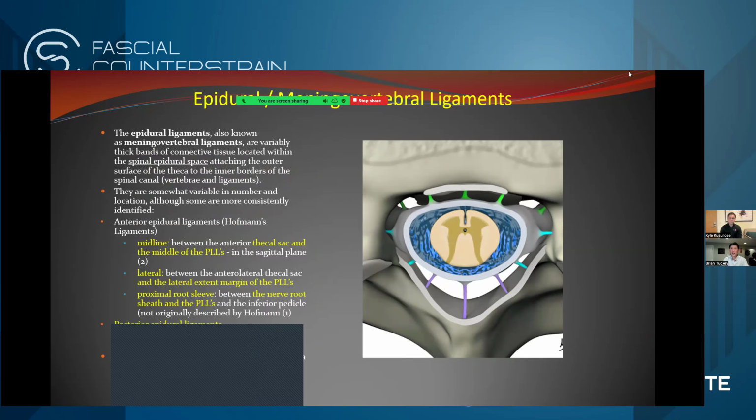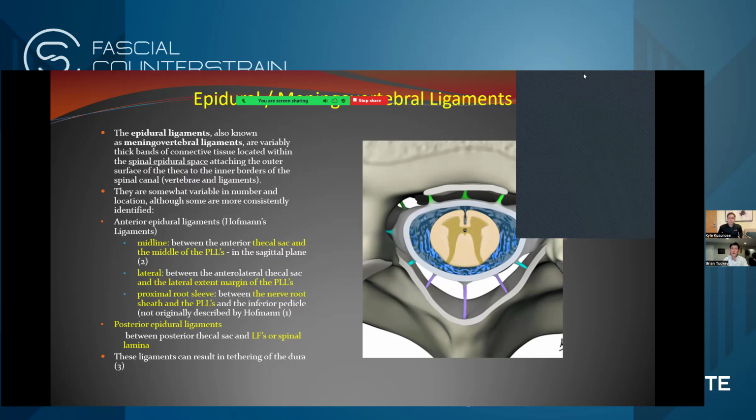So this is a shot of what is called an epidural ligament. If you look in the spinal cord, this is your dura. This is CSF. This is your ventral horn, dorsal horn. This is spinal cord. And then anchoring the actual dura and spinal cord inside the canal so it doesn't get injured are these little ligaments that are called epidural ligaments.